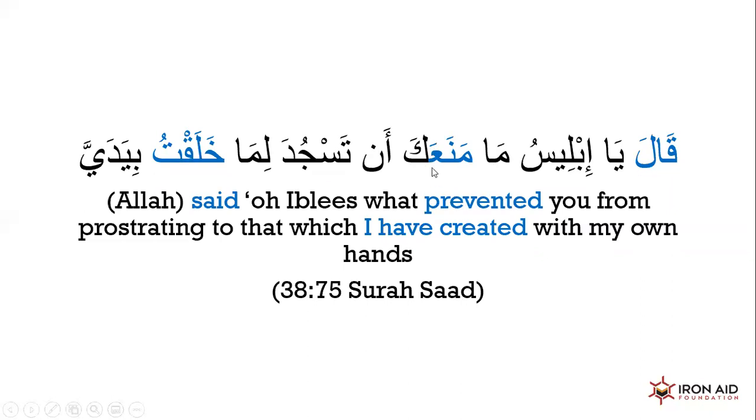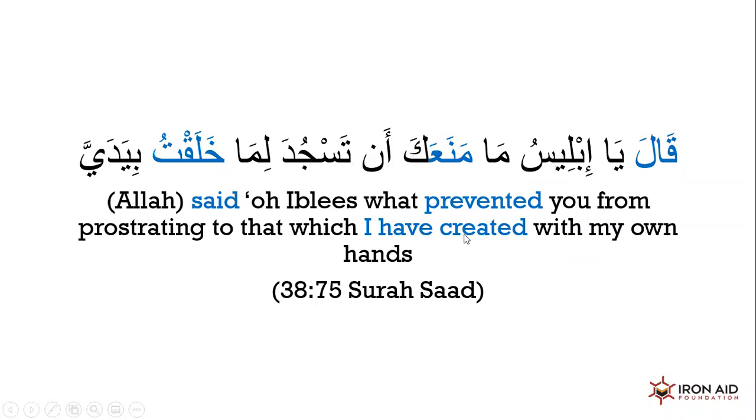So mana'aka, prevented you. Mana'a means to prevent. So what prevented you, and to tasjuda, to prostrate, lima, to that, khalaqtu. This is the verb of interest here. Khalaqtu, I have created.